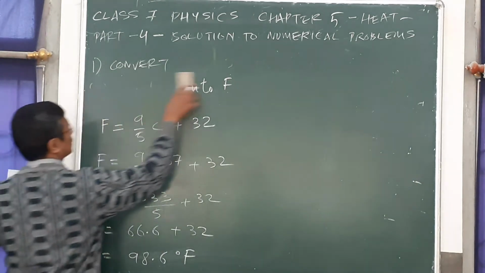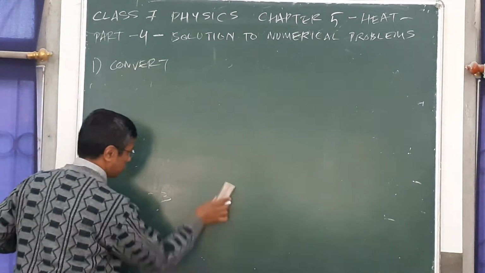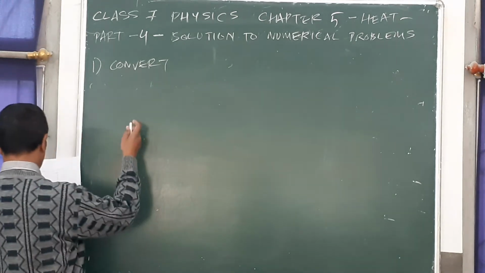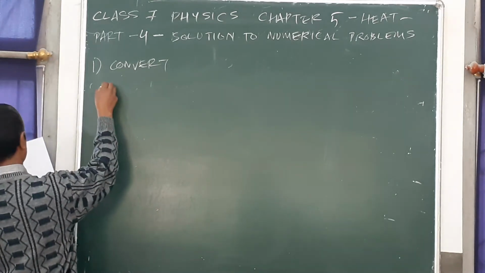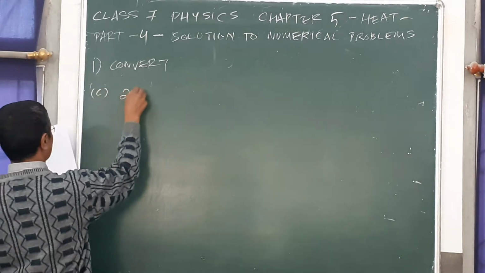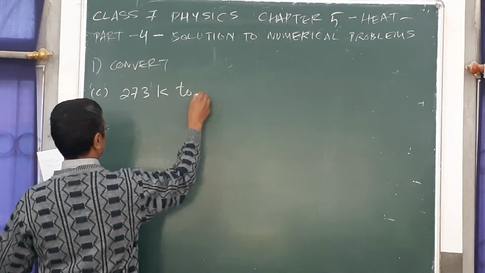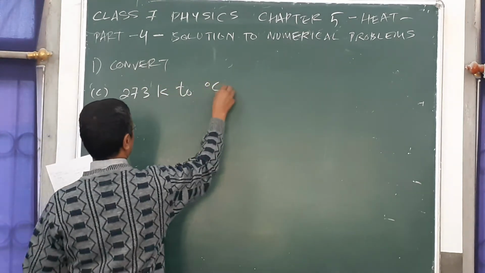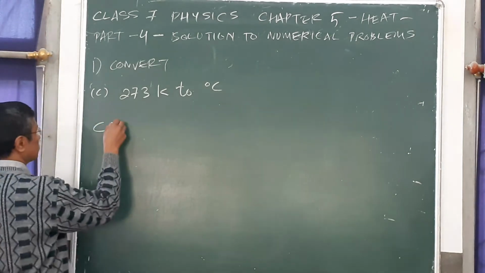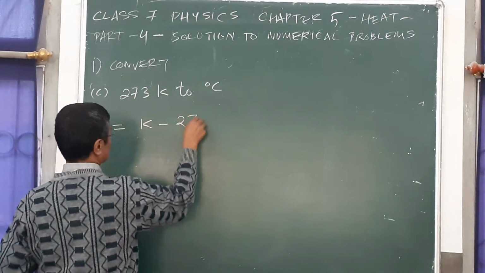Now, the next question, we will learn how to convert from Kelvin to Celsius. So, this is number C. We are converting 273 Kelvin to degree Celsius. Here we will use the formula C is equal to K minus 273.